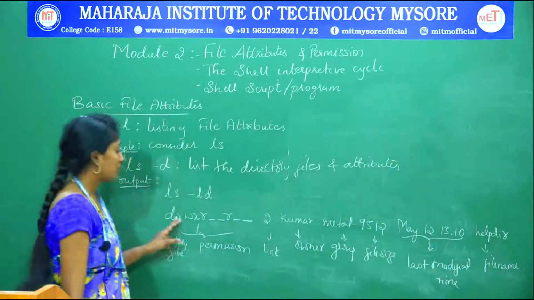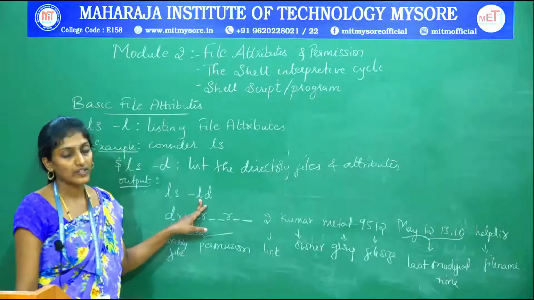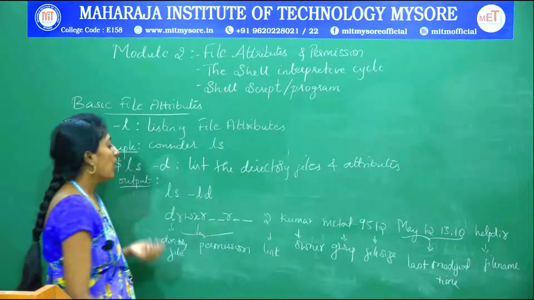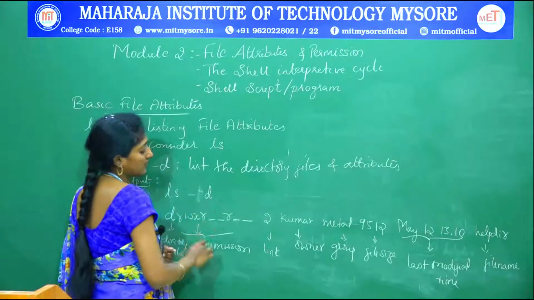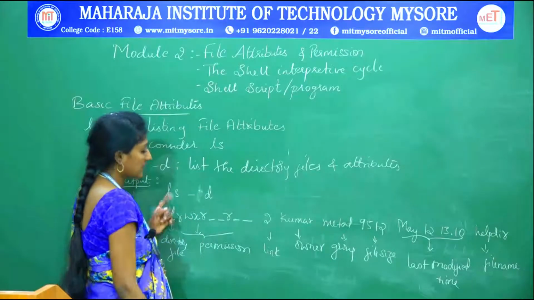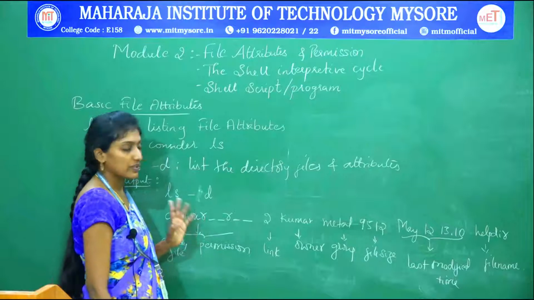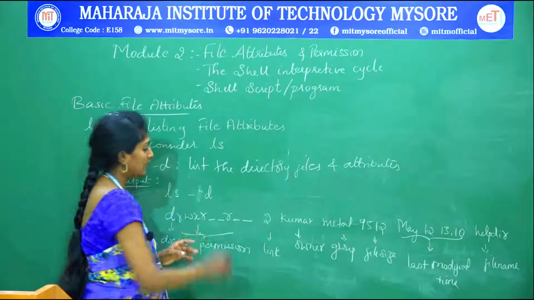So this is one of the options used along with -l also. You can combine two options like this, or else you can just use -d. If you just use -d with an ls command, only the directory file will get listed out.